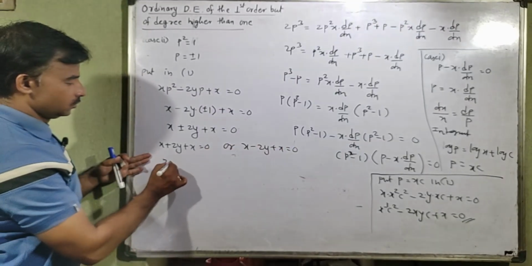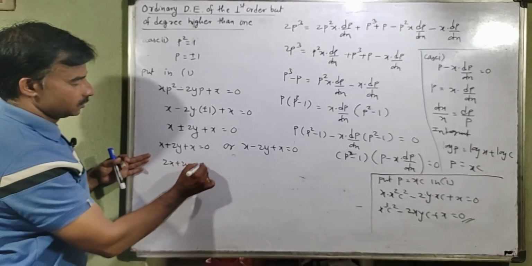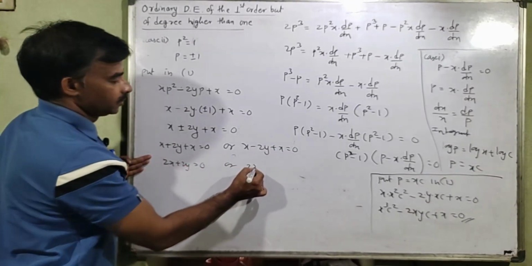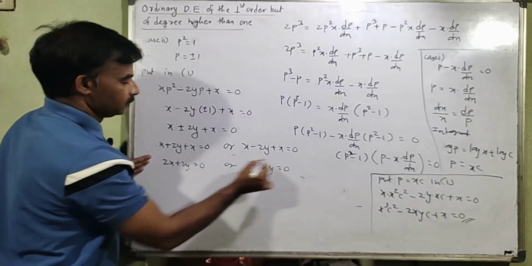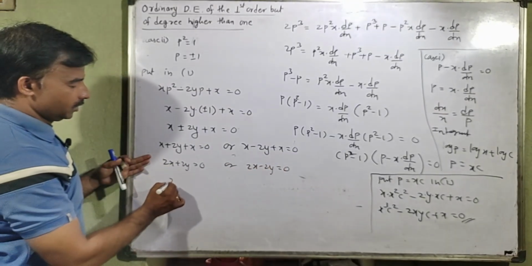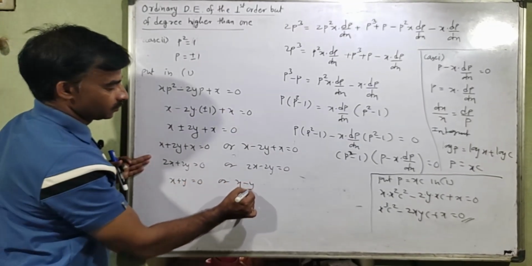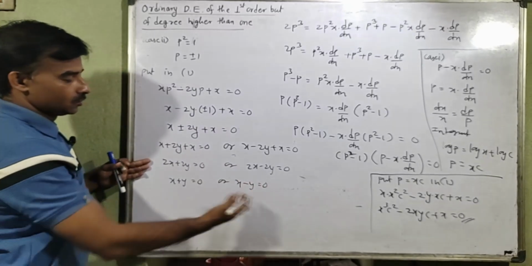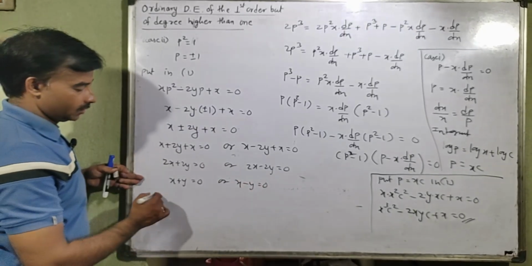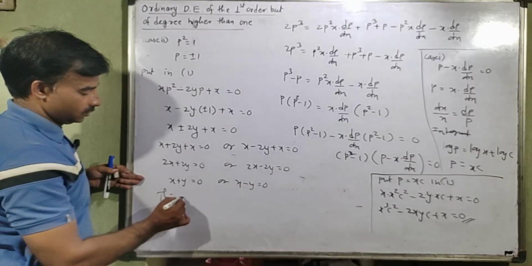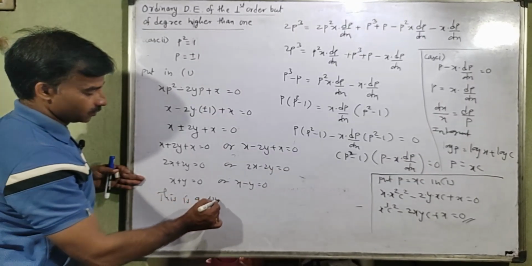Then 2x plus 2y is equal to 0, or 2x minus 2y is equal to 0. 2 is common, and therefore x plus y is equal to 0, or x minus y is equal to 0. These two equations do not contain any arbitrary constant, therefore this is a singular solution of that differential equation.